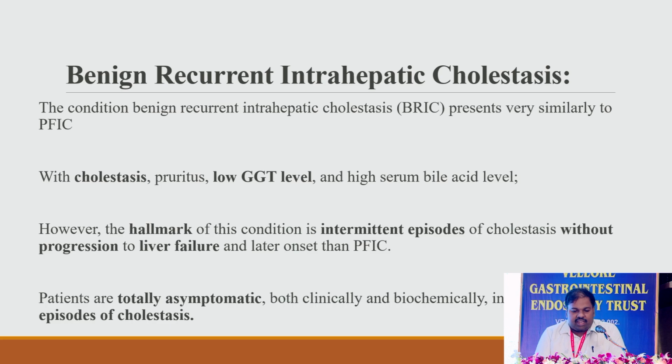The next is benign recurrent intrahepatic cholestasis. This is a benign condition where there is recurrent cholestasis. Usually it presents with cholestasis and pruritus, but the GGT level will be low or normal, while the serum bile acid will be high. It usually presents in the second decade.